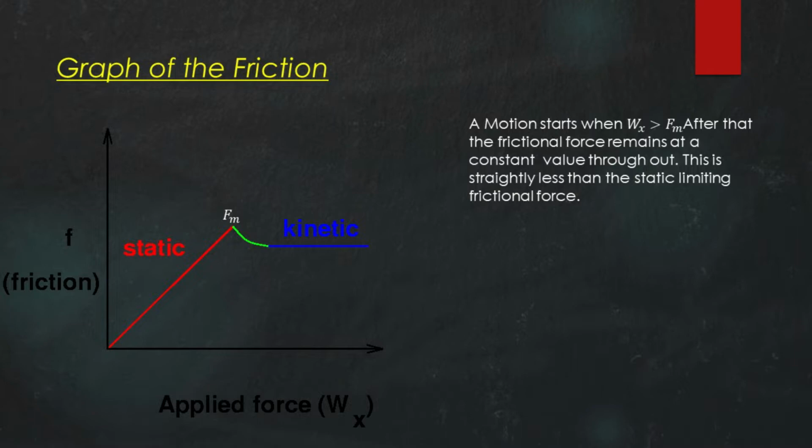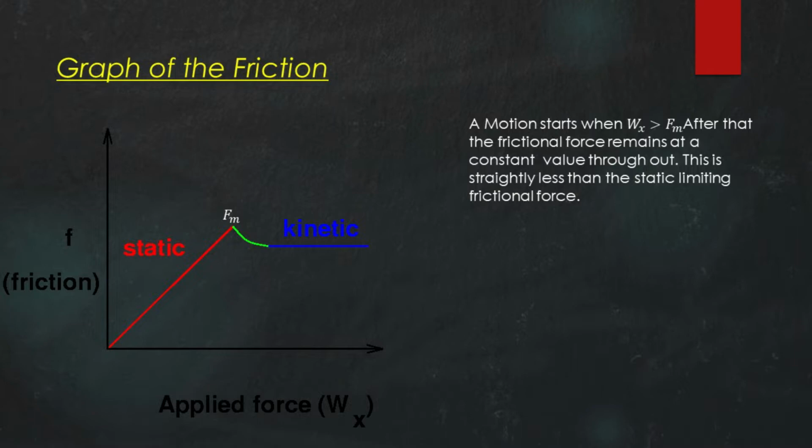When the friction value is Fm, the particle is about to move on that surface. Fm is the last force that we have, known as the static limiting frictional force.